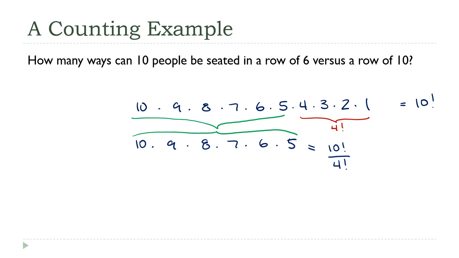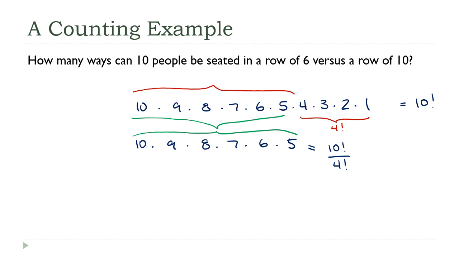All right, well, let's think for a minute about that 4. Where did that 4 come from? Well, I have 10 people, and I seated 6 of them. So that 4, in a sense, is the number of people who didn't get seated, right?